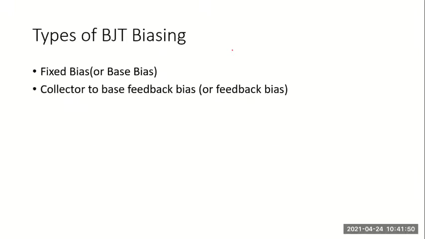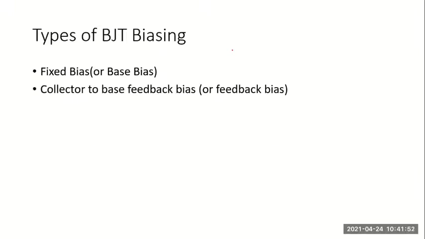Okay. So this is about the reason why, where should we locate the Q point and why. Next, let's move on to the different types of biasing circuits. We have three important types of biasing circuits. One is called the fixed bias, also known as the base bias.